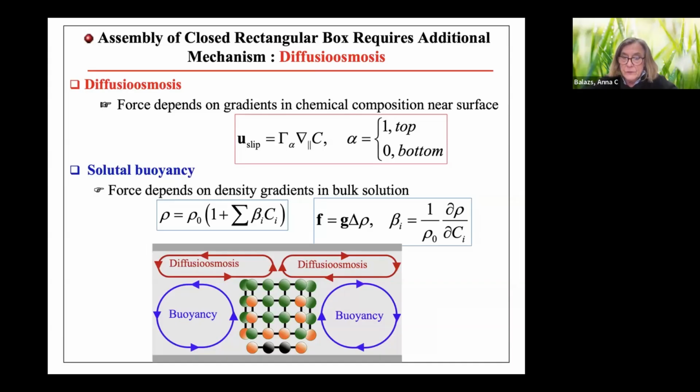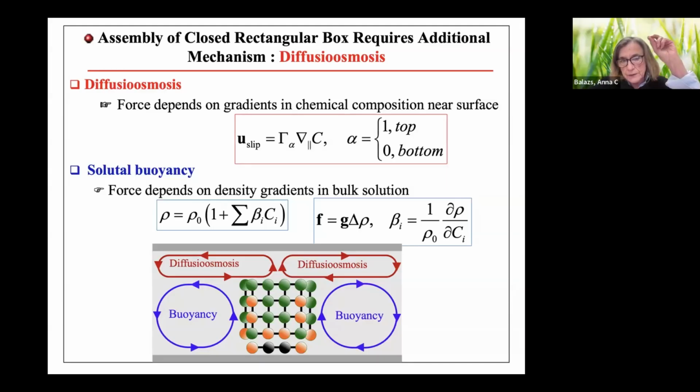So I've told you everything now about buoyancy effects, but sometimes I have to call in other effects. Other effects create concentration gradients, thermal gradients, and I have to be able to use those as well. And so I'm going to use diffusioosmosis, and that force that's generated is proportional to concentration gradients in the chemicals.